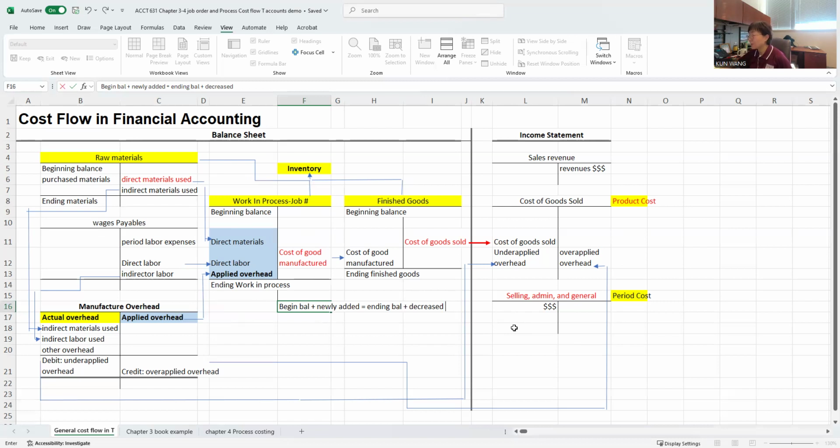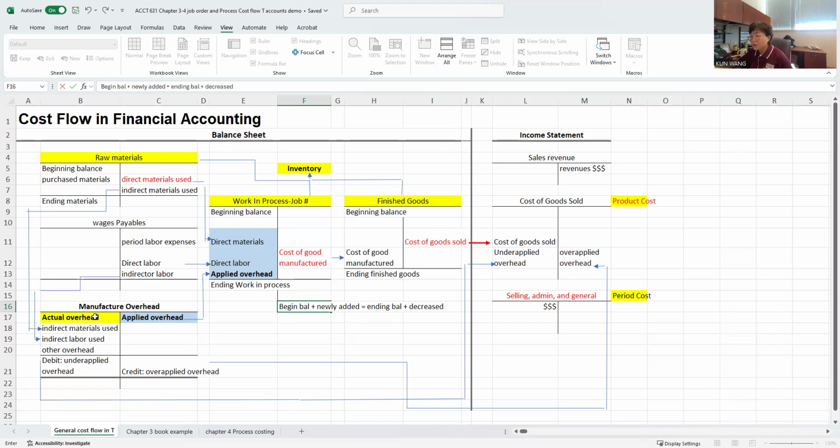They are supporting expenses. But the product cost flows all the way from the beginning, the raw materials, as we went over through the SAP, and eventually arrives at the income statement. So the numbers should be relevant to the sales revenue.